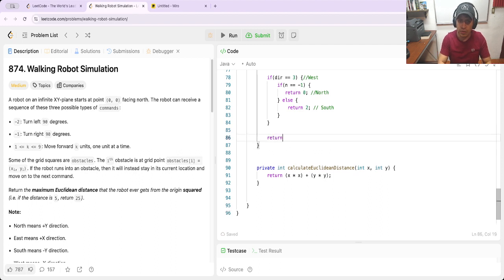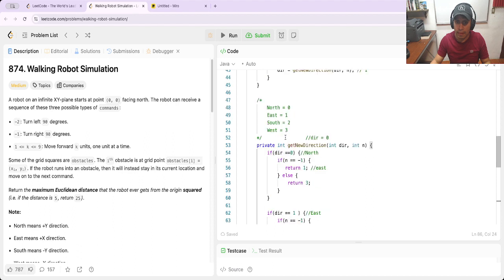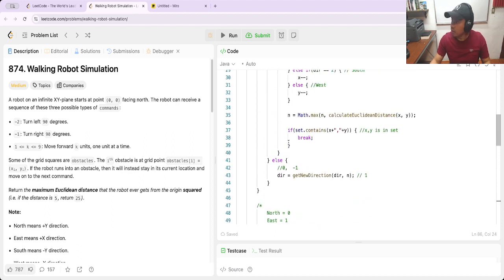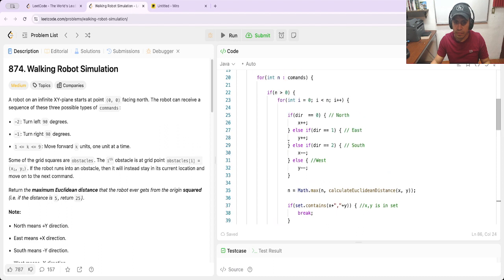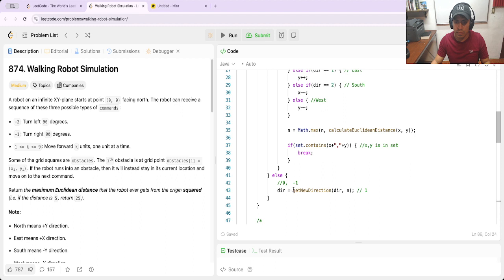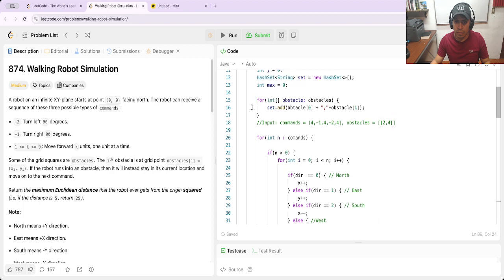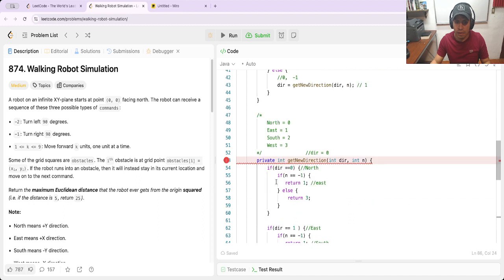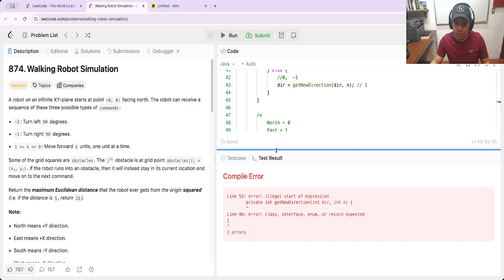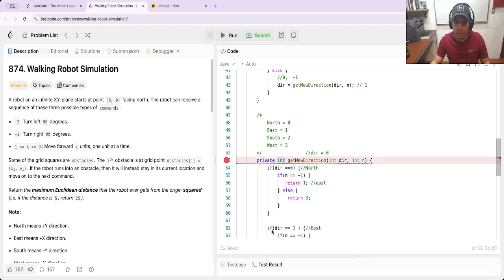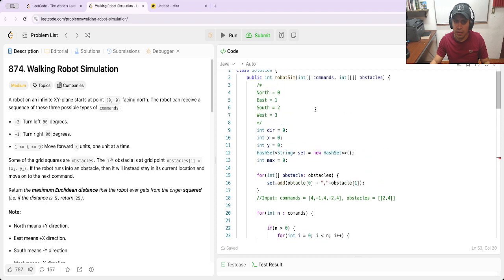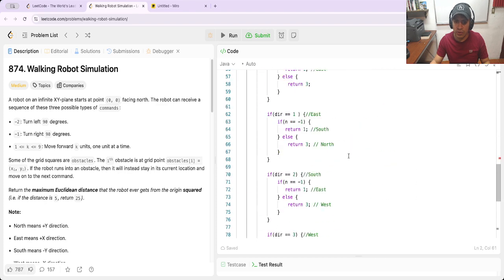Okay, and here is return dir only for the default. It's inside the other function.